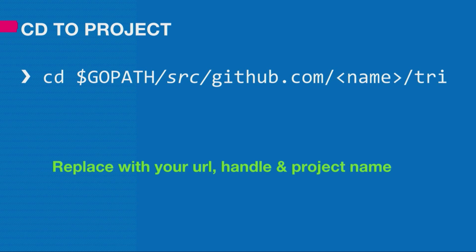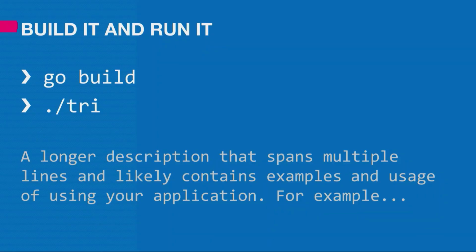I'm going to give you guys a minute. Then when you're there, just look at your project, look around, see what it created for you. If you don't have the tree application, do not worry. You could also just use ls. If you're on a Windows machine, you could just use dir.